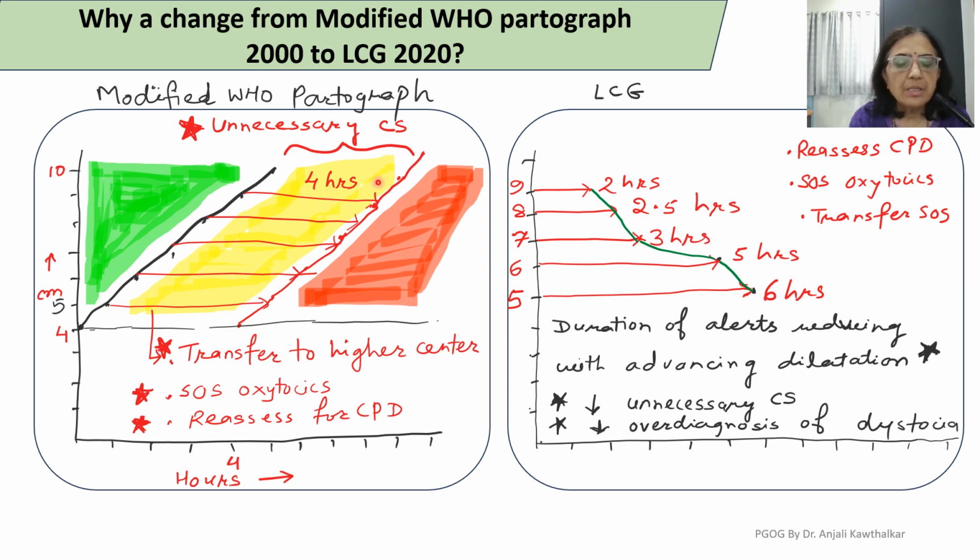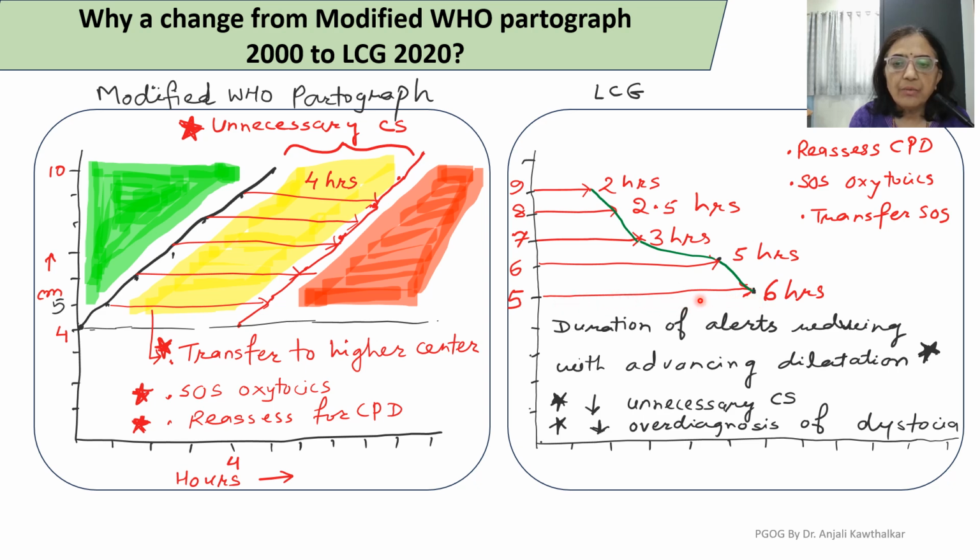That resulted in overdiagnosis of dystocia and an increase in unnecessary cesarean sections. So this fixed rate of 1 centimeter per hour is not true for each laboring woman. That is what the strong evidence was showing, and that is how WHO has come up with these limits for which we can wait safely.